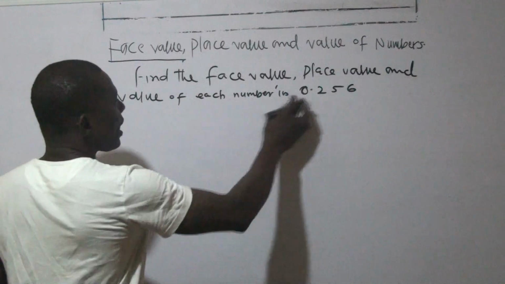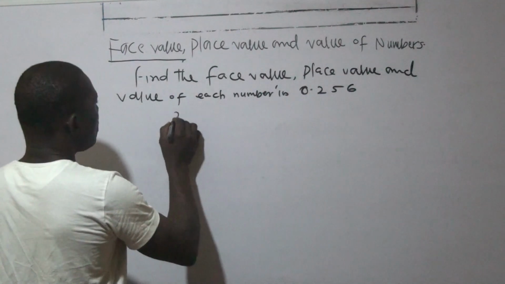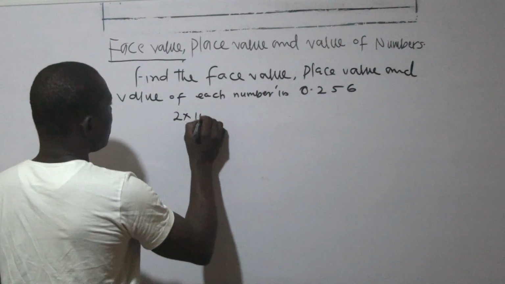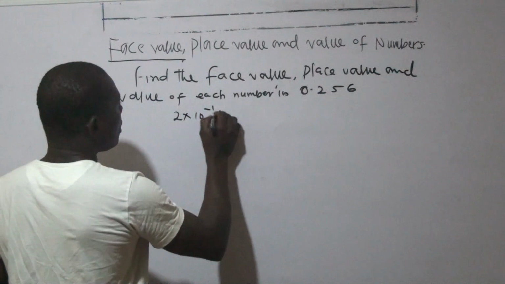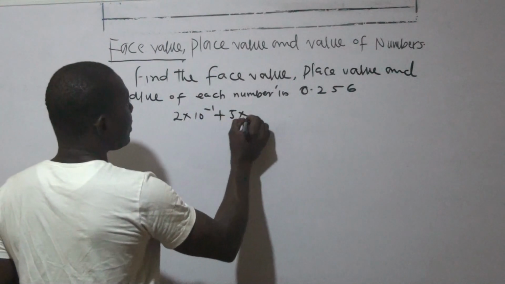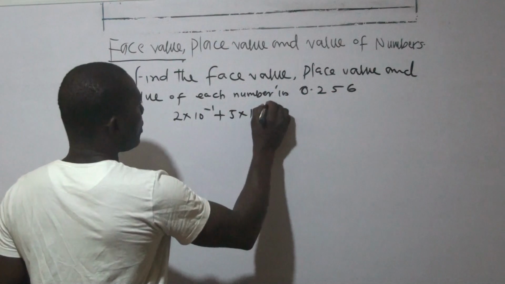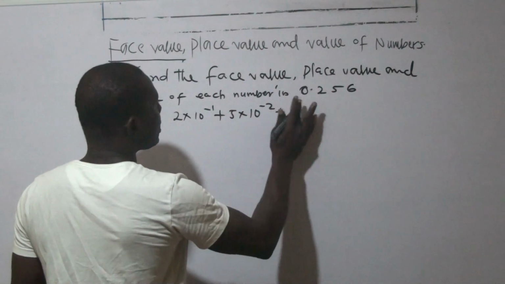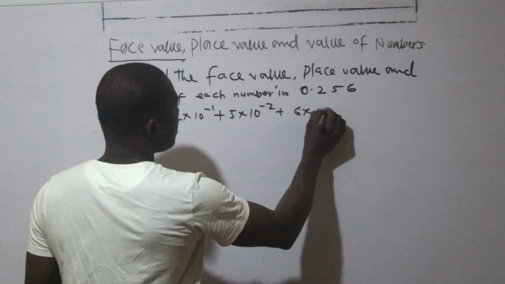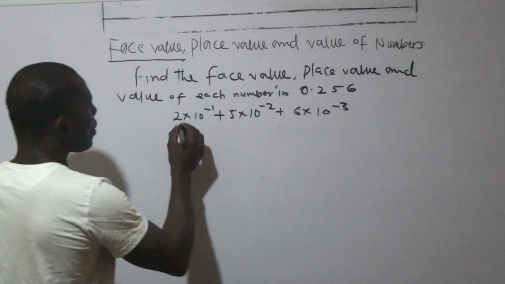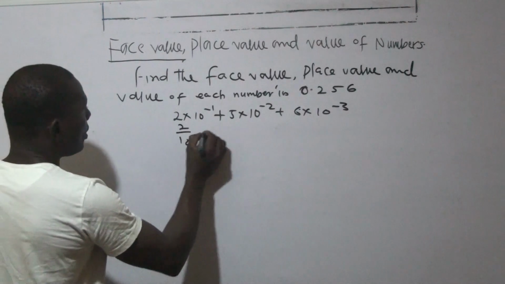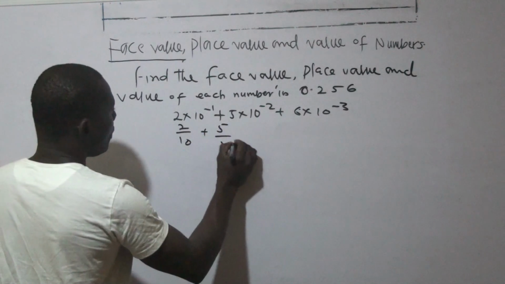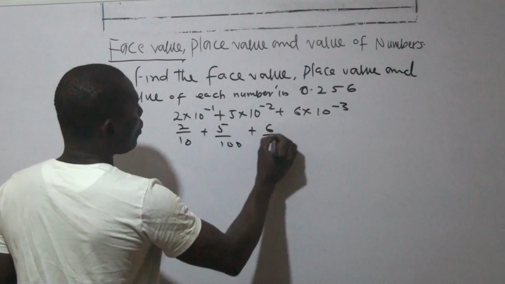So here we can write this as 2 times 10 raised to the power minus 1, plus 5 times 10 raised to the power minus 2, plus 6 times 10 raised to the power minus 3. This simply means 2 over 10 plus 5 over 100 plus 6 over 1,000.